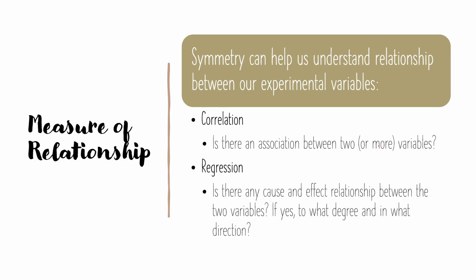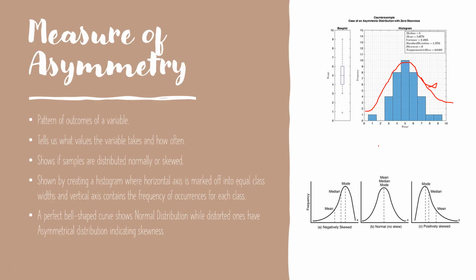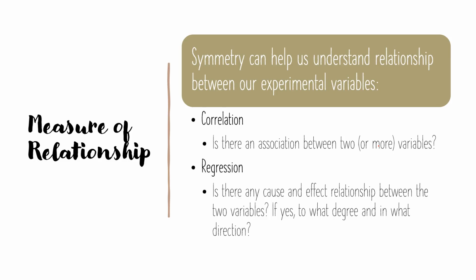Next, we have measure of relationship. So the symmetry that we just looked at, this histogram, which looks at the range and its frequency, can help us figure out the symmetry, obviously, right? That's what's telling us the skewness of our curve. And it can in turn help us understand the relationship between our experimental variables.